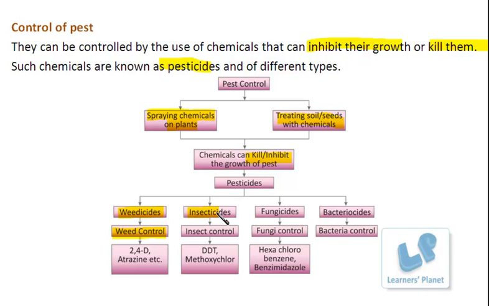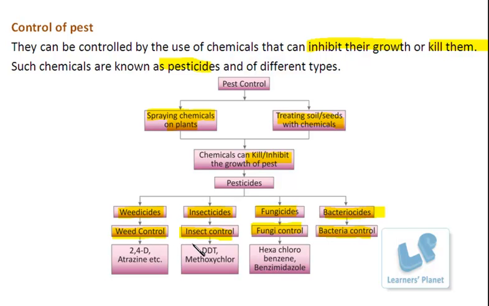Then insecticides, as the name itself suggests, are used for insect control. Then comes the fungicides, which are required for fungal control. Then the bactericides, which control the growth of bacteria. So this is how there are different categories of pesticides, and the examples are of course given here along with this chart.